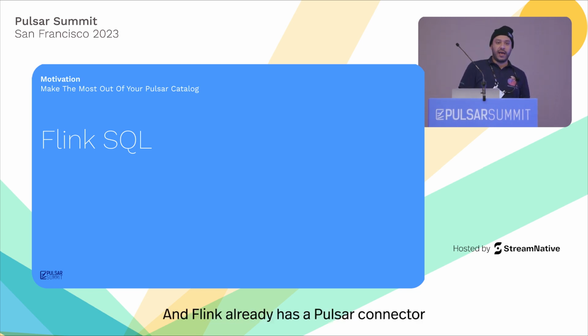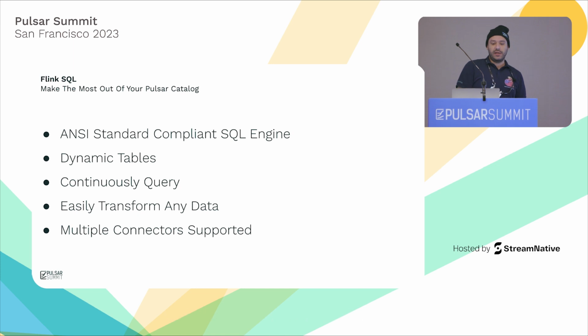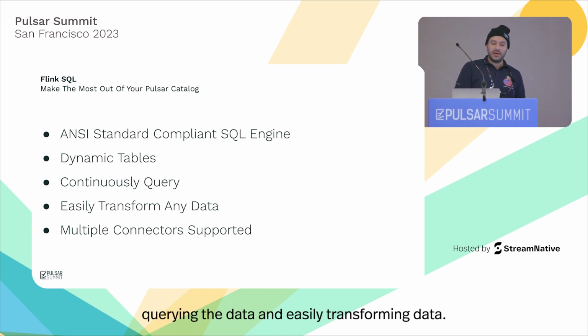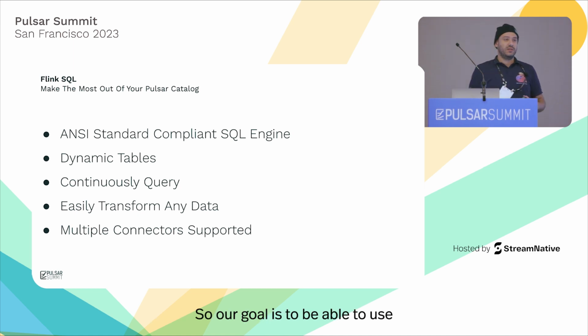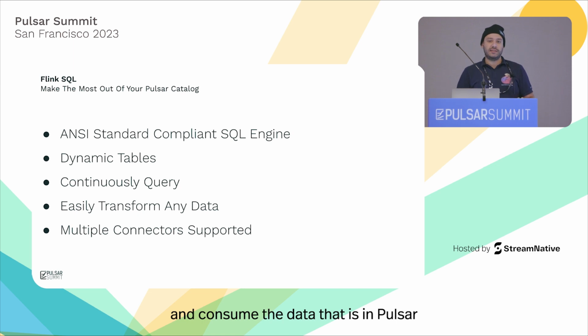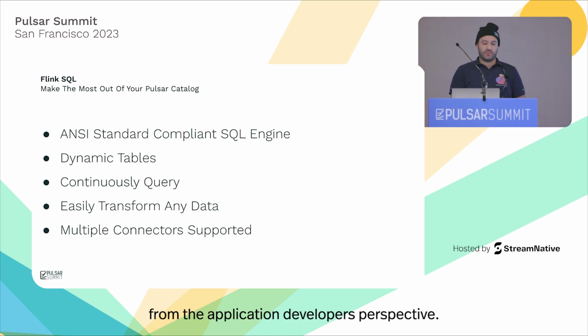And Flink already has a Pulsar connector, and some features of Flink SQL are dynamic tables, continuously querying the data, and easily transforming any data. So our goal is to be able to use Flink SQL, run Apache Flink applications, and consume the data that is in Pulsar as easily as possible from the application developer's perspective.